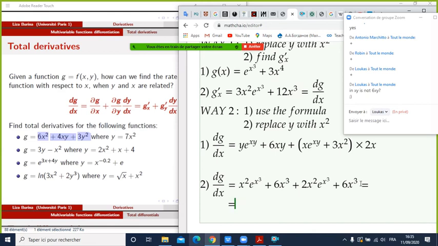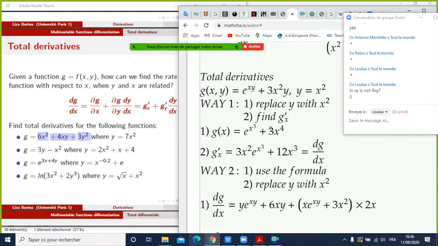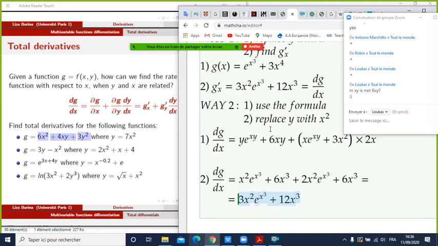And we have 3x squared e to the power of x cubed plus 12x cubed. And it is the same as we got using the normal simple technique. Okay, so again, this is to show you that the formula works and it actually makes perfect sense.